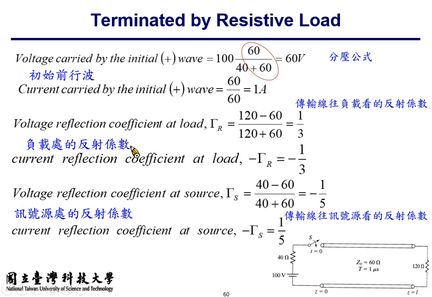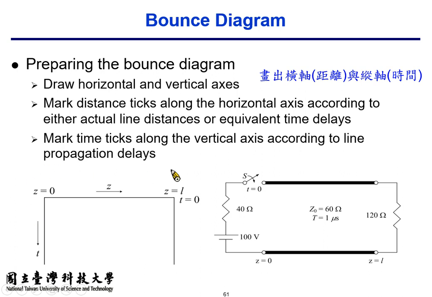So the V plus signal will be 60 volts, and the reflection coefficients on the right and left hand side are 1/3 and minus 1/5.